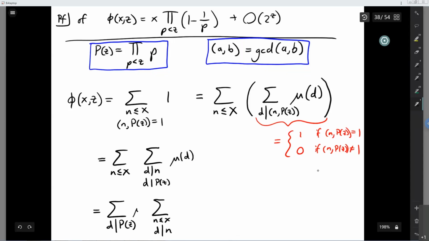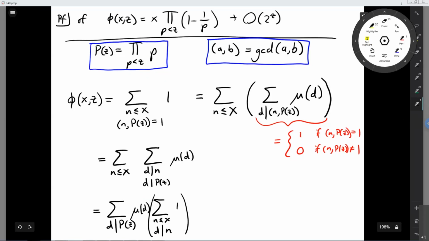And in fact, I can put the mu of D on the outside because it only depends on D and not n. Okay. So that's kind of nice. We now have an inner sum that doesn't involve the Mobius function at all, which in principle means it should be easier to evaluate.